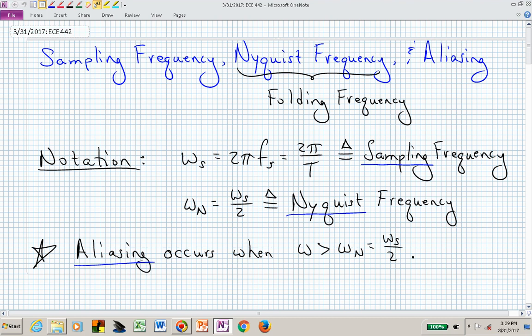So even if you have a frequency of a much higher value than the Nyquist frequency, you're not going to see it that way after sampling at the sampling frequency. It's going to appear as if it's a frequency between 0 or DC and the Nyquist frequency.